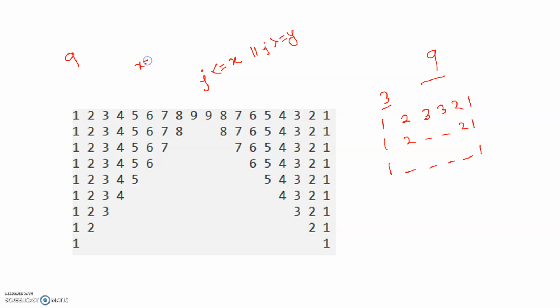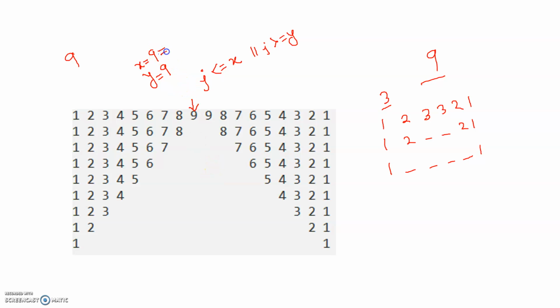Initially you have to assume x equal to the index position corresponding to this column. If j is starting from 1, then 1 2 3 4 5 6 7 8 9. So you define x equal to 9 and y equal to 9 itself. I am talking about this particular example.